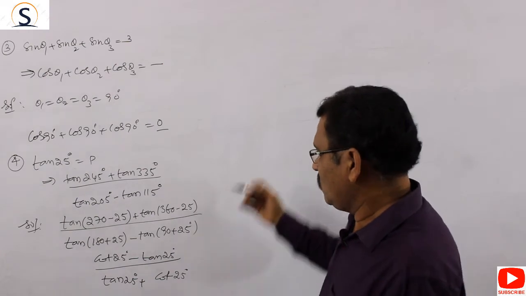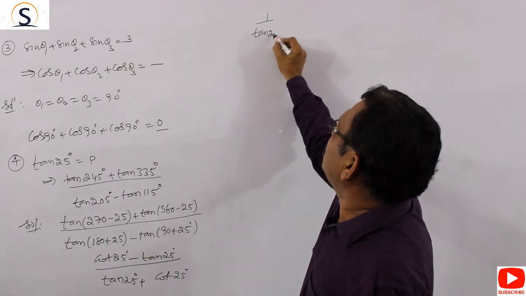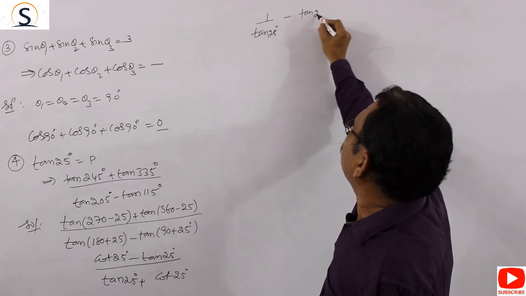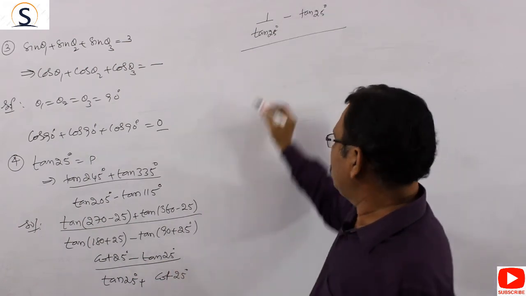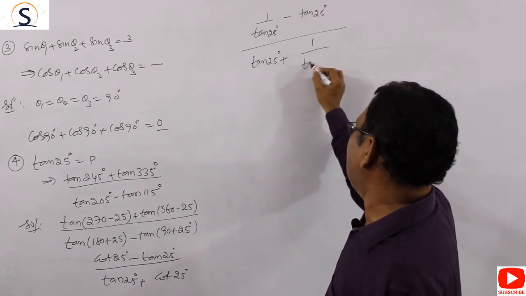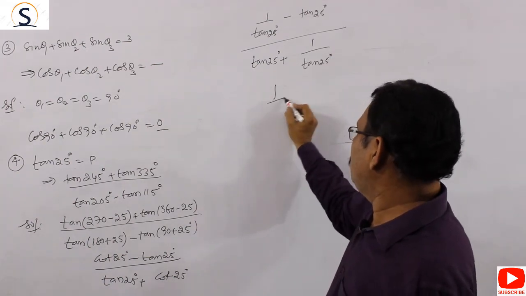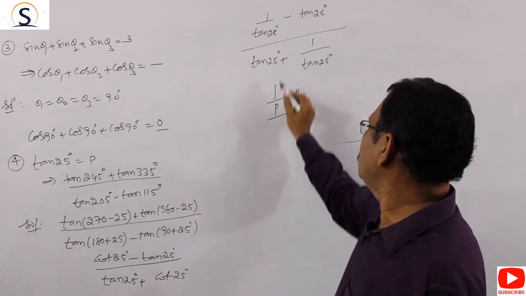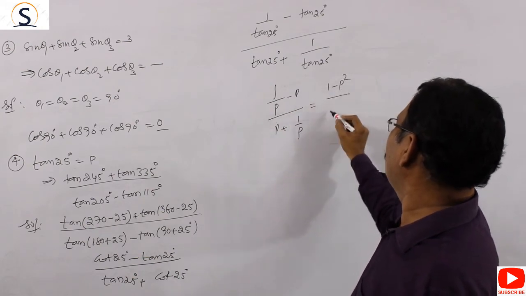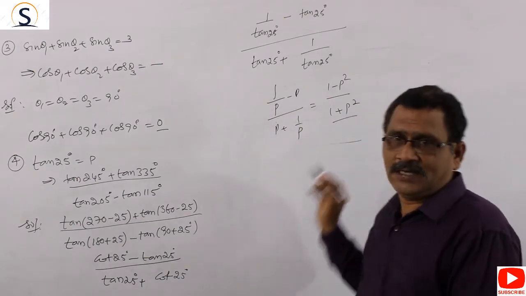So this is equal to cot 25, which is 1 by tan 25, minus tan 25 as it is, tan 25 degree by tan 25 plus cot, which is 1 by tan 25 degrees. Okay, then it is p: 1 by p minus p by 1, over p plus 1 by p. So 1 minus p square by 1 plus p square, LCM p, p cancels. This is the result. Okay.